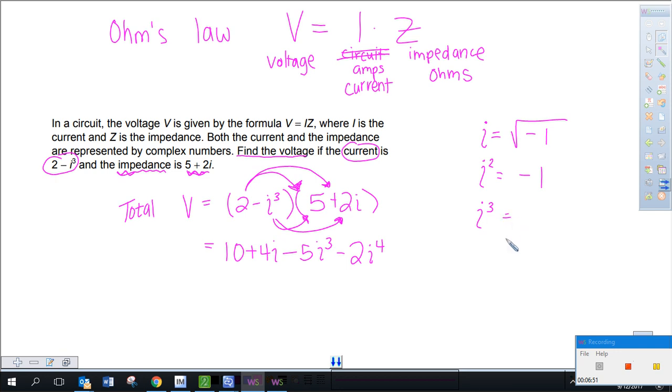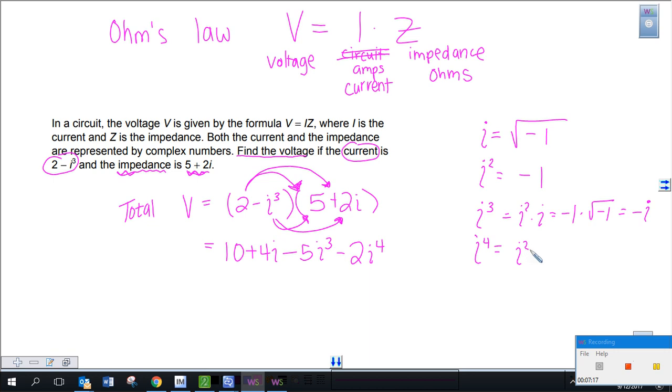I cubed is now cubing that value, so I get I squared times I. So that's negative 1 times the square root of negative 1, which would be negative I. And I to the fourth, that's I squared times I squared, which is negative 1 times negative 1, which is positive 1.